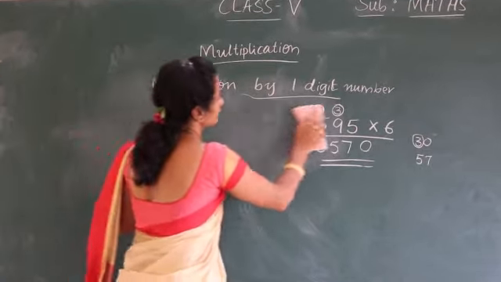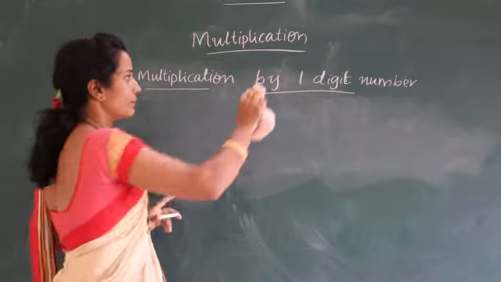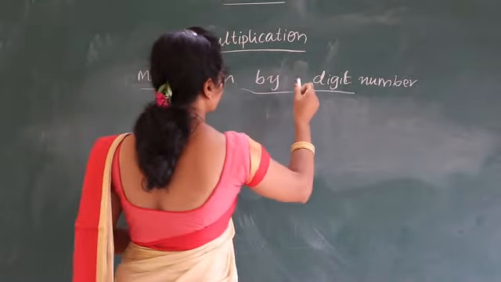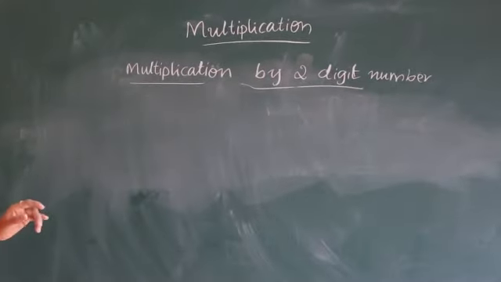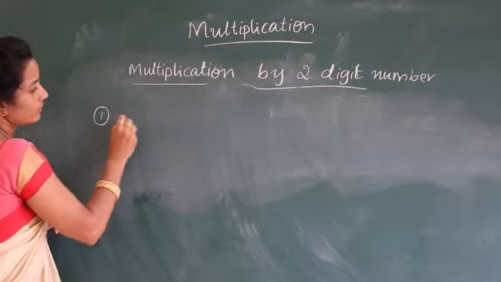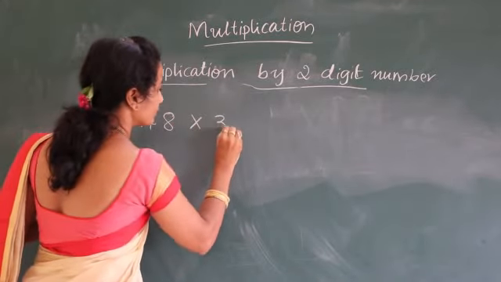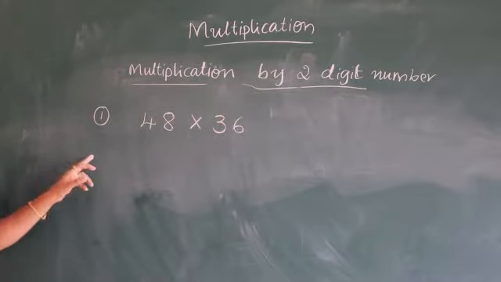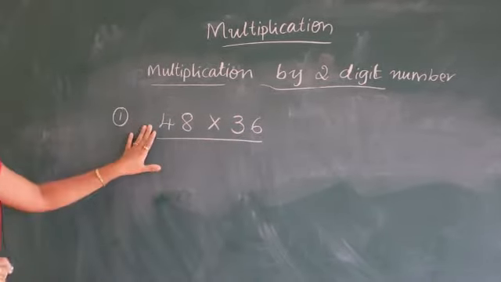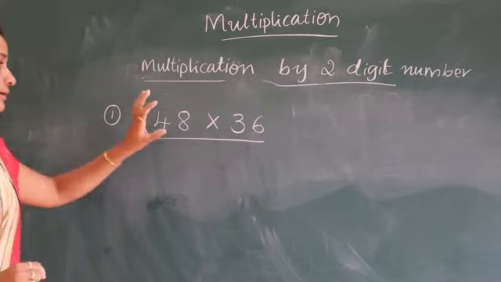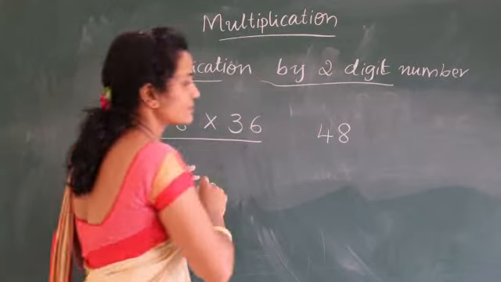Now let's move on to the next concept. It is multiplication by a 2 digit number. Let's take one example: 48 into 36. So here what are we going to do? You know which is the multiplicand and which is the multiplier. So first write the multiplicand as it is.